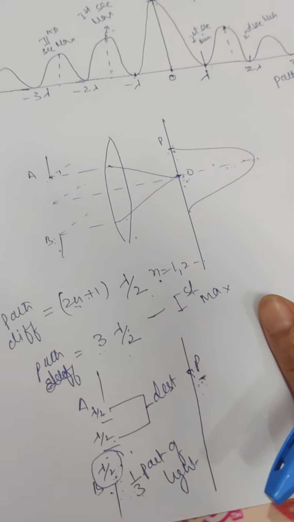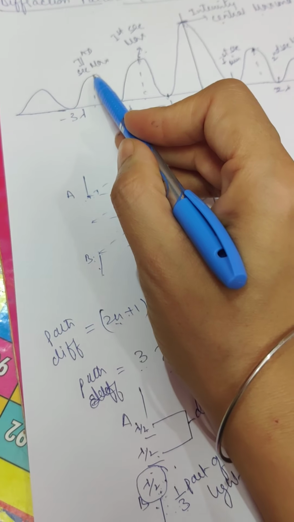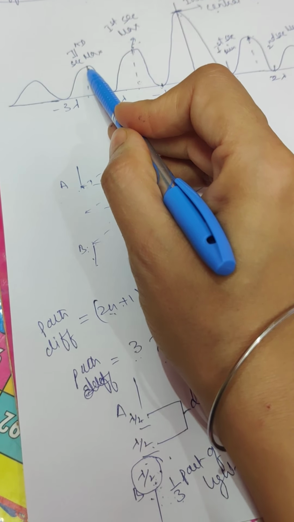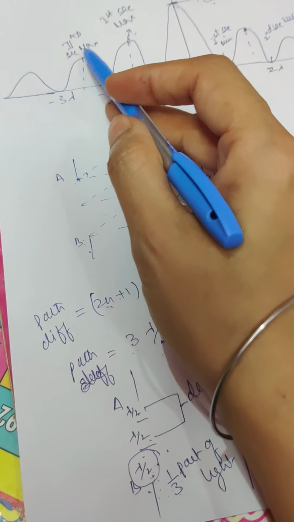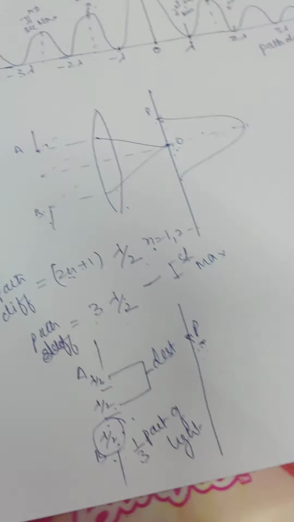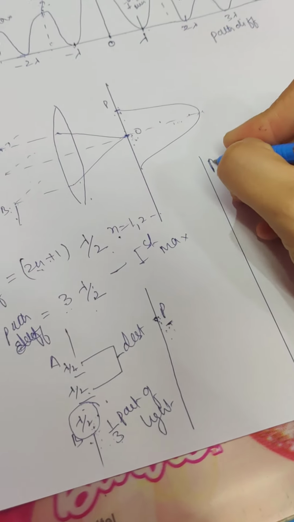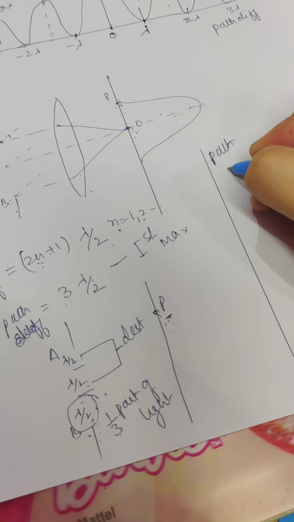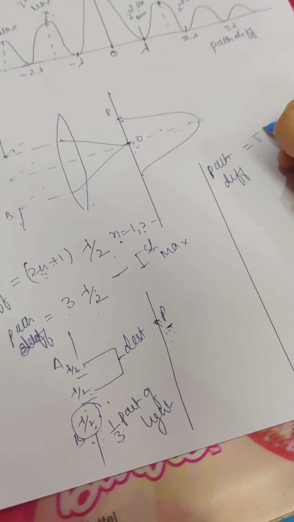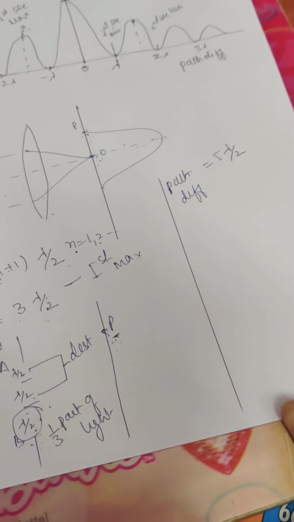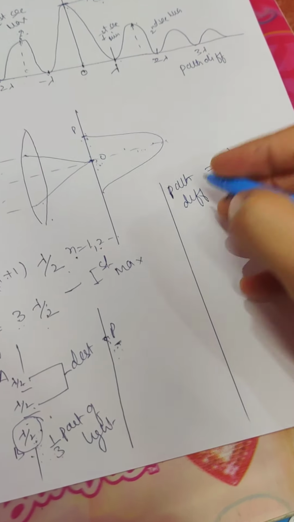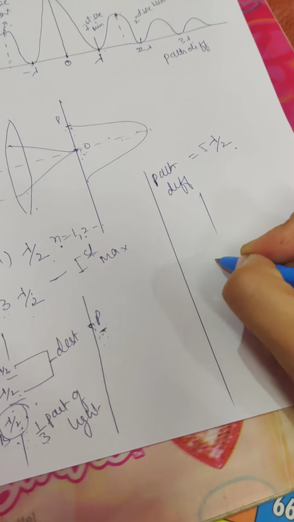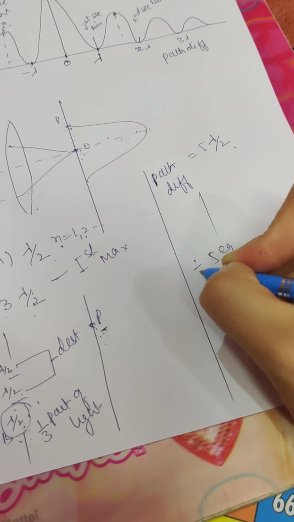Now beta, see, the same is the case with the intensity of the second secondary maxima. What happens at that time? For the second secondary maxima, when I put n equal to 2 here, the path difference comes out to be 5 lambda by 2, as we already discussed. Now I told you we divide the slit into 5 equal parts.